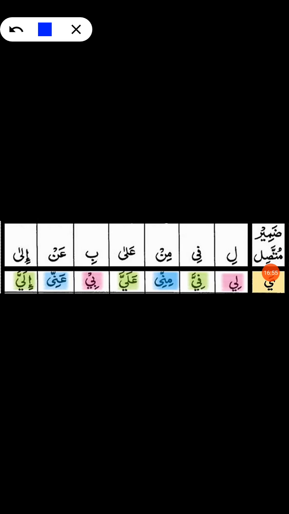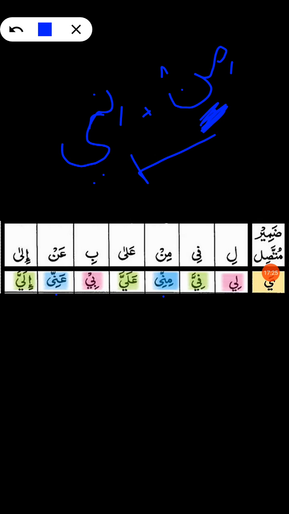Then we have our sakoon-bearing harf jar, for example min and an. What happens is quite simple. Now, minni or anni. Why? Because the last letter does not carry a kasra, so we add this noon wiqaya that carries it.